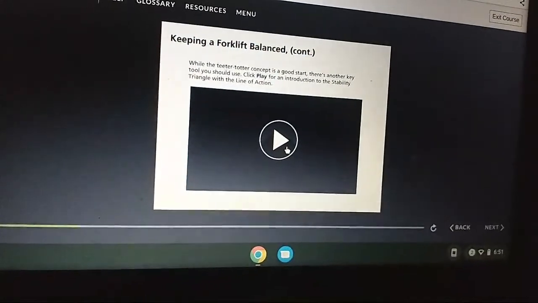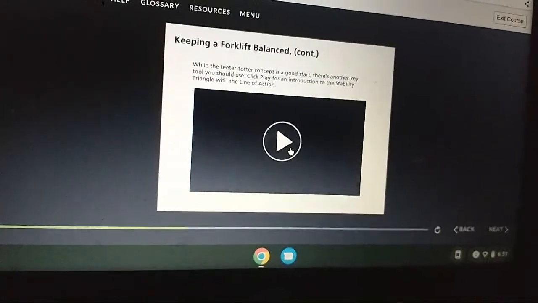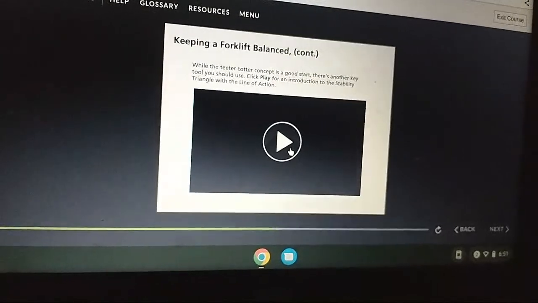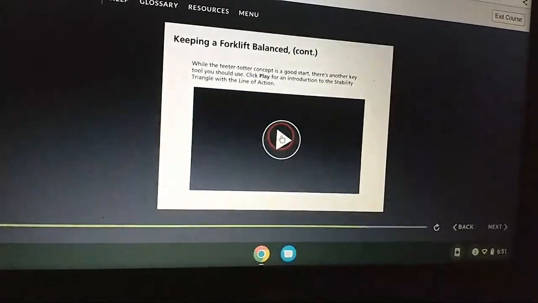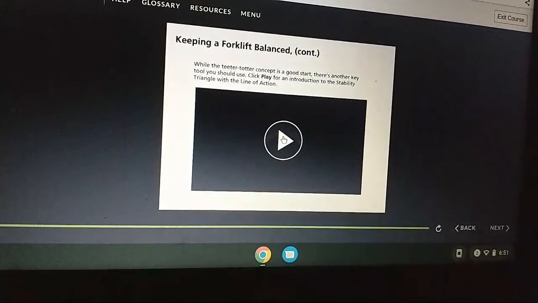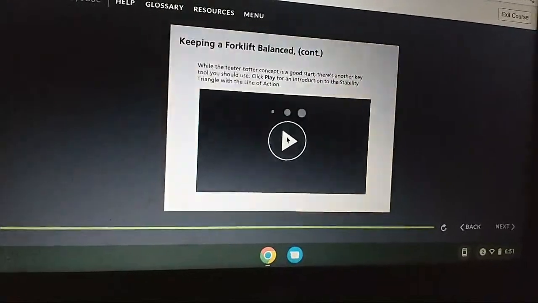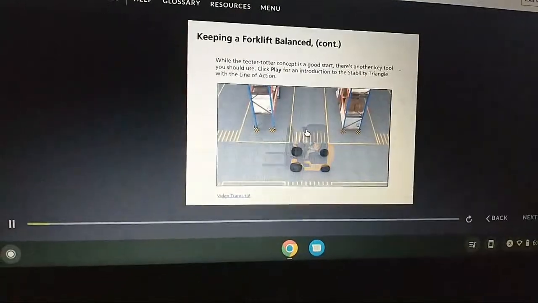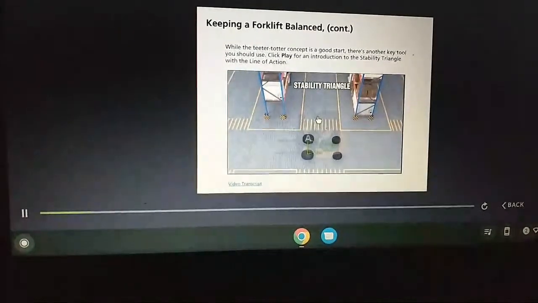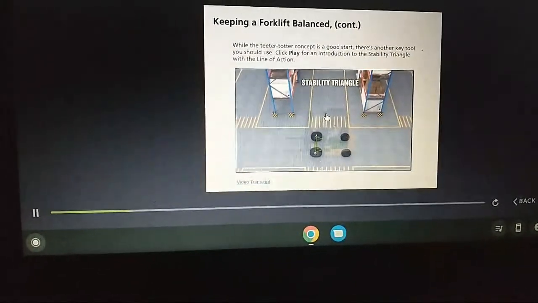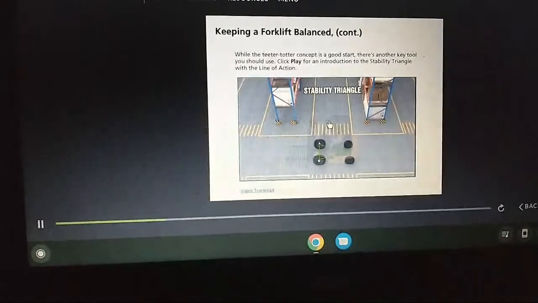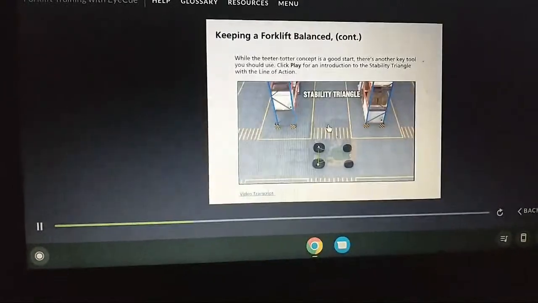While the teeter-totter concept is a good start, there's another key tool you should use. Click play for an introduction to the stability triangle with the line of action. Imagine a triangle placed between the axles. Points A and B are a straight line between the front tires. Point C is centered on the rear axle.